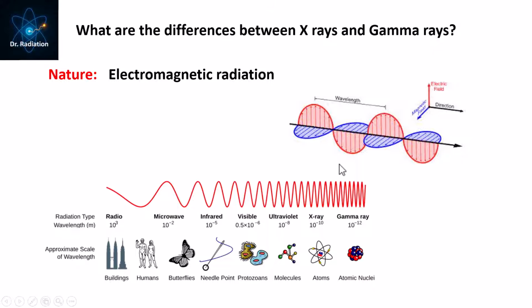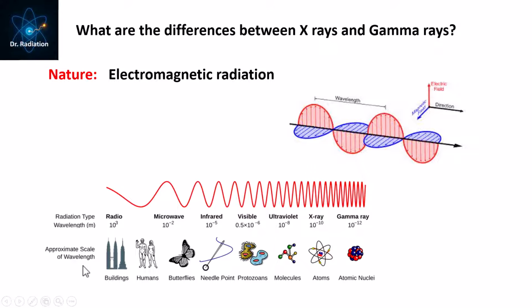And if you look at the range of wavelengths of this electromagnetic radiation, which we also call the spectrum, it starts from the radio wavelength or radio frequency, when the wavelength is around 1 kilometer, to shorter wavelengths like microwave, which is just 1 centimeter. And then we have infrared, visible light and ultraviolet.